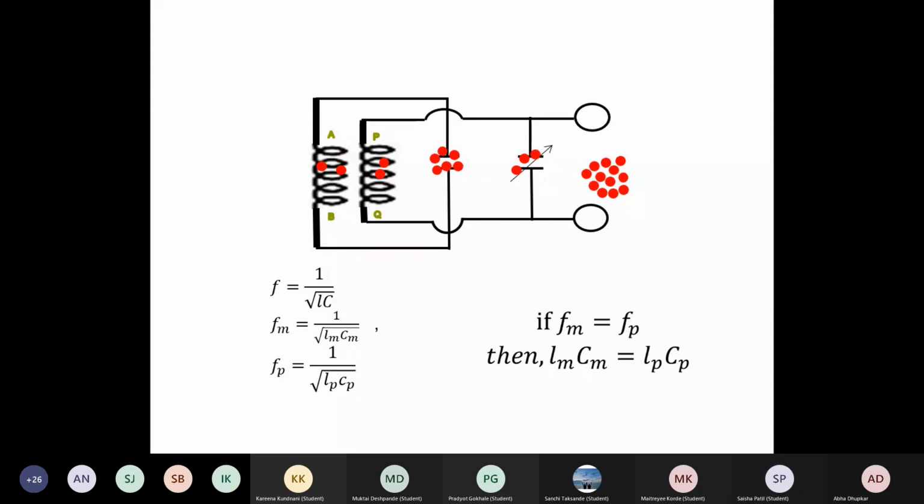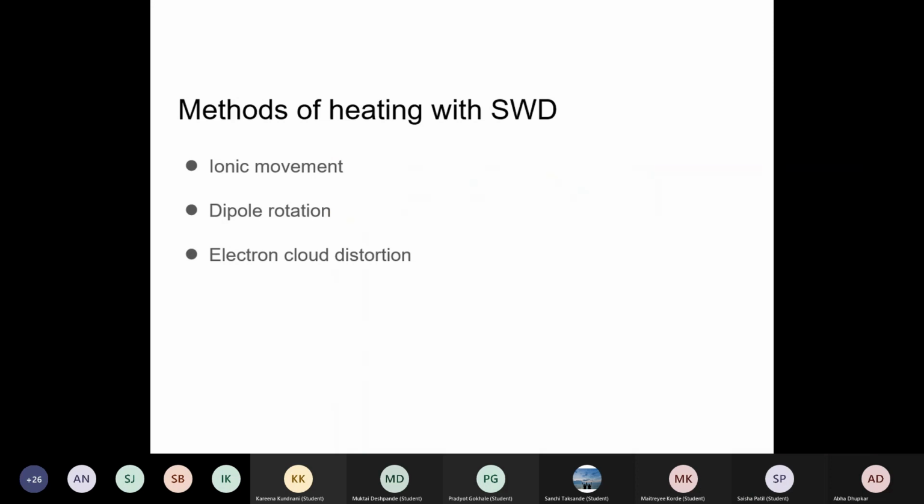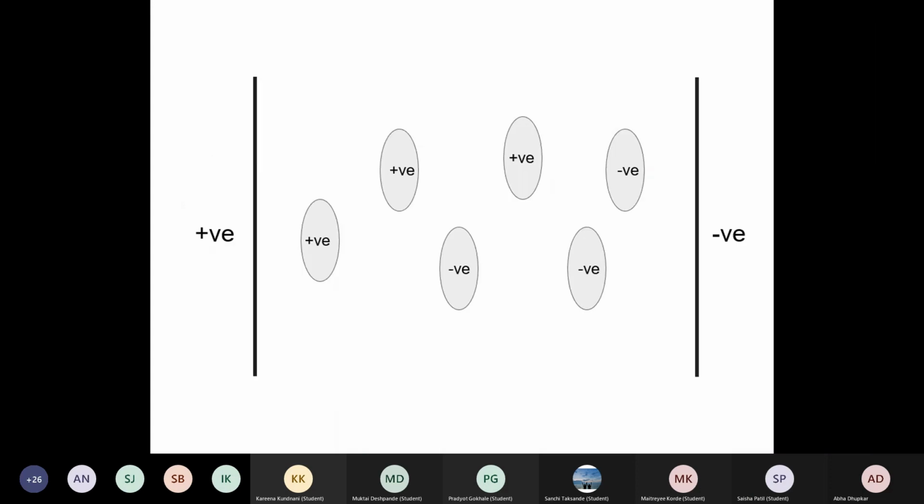Let's move ahead. So we were looking at these different methods of heating with SWD, and I added a small element yesterday, right? When we are looking at the current, we are looking at the current moving from the negative terminal to the positive terminal. It's an electron flow, the negative charges which move towards the positive terminal, right?